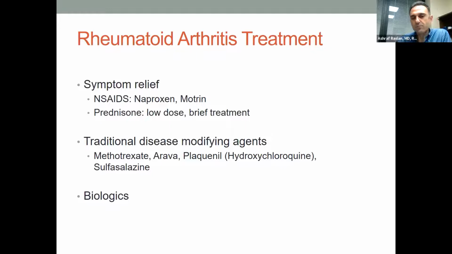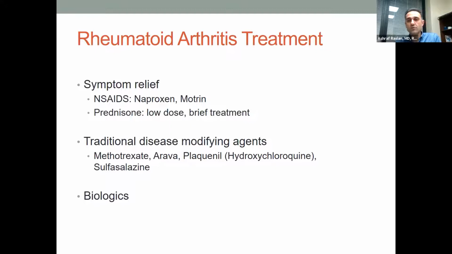So the biologics, you might have heard about them: Enbrel, Humira, Remicade, Actemra, Orencia, rituximab. All of these are very effective, good treatments that treat rheumatoid arthritis. So usually we have a stepwise approach. Rheumatoid arthritis is a very individual disease, not everyone is the same.